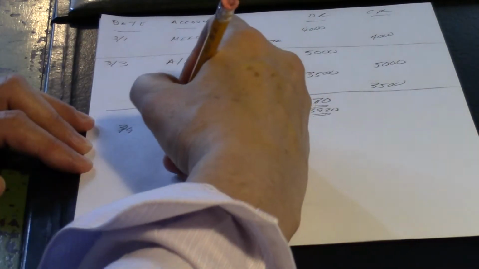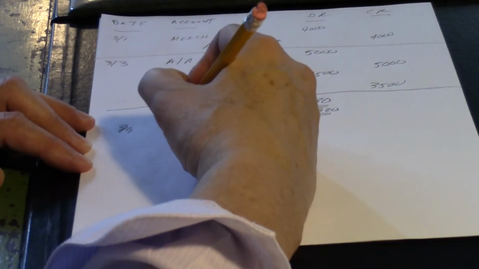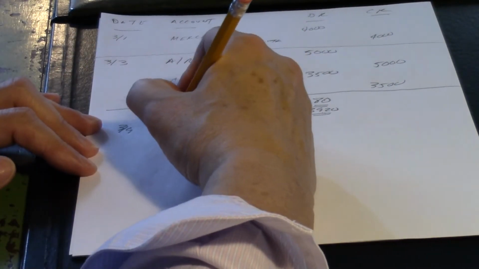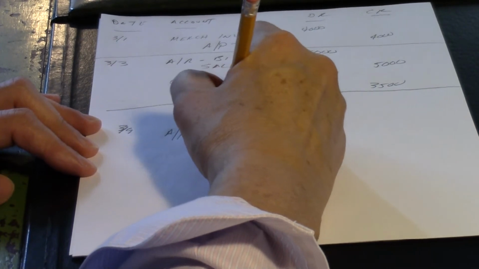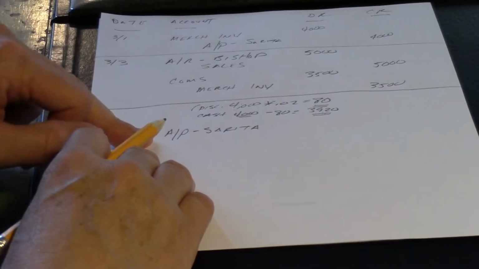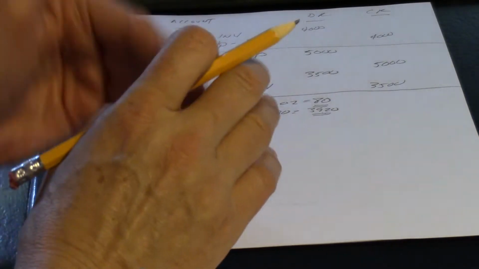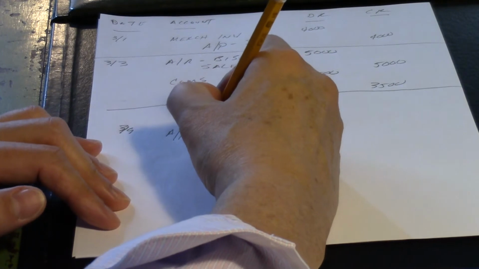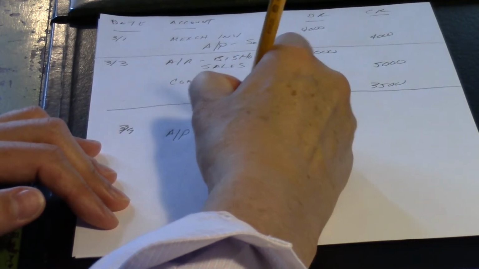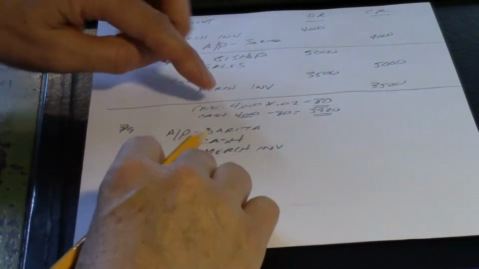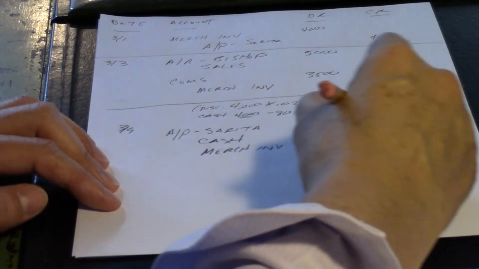So we're reducing our payable to Sarita, which, as you know, has a $4,000 balance. And in addition to that, we're going to pay out cash and reduce our merchandise inventory. The cash is $39.20.